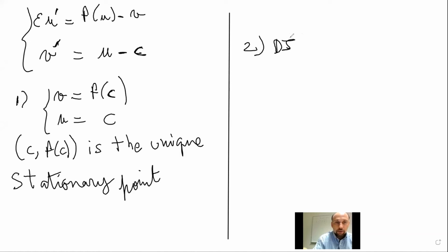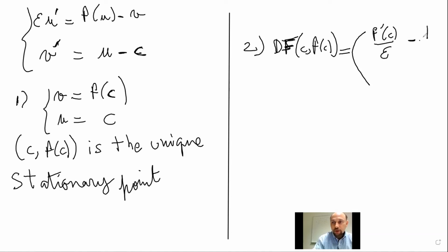So let's add C of f of C. Writes f prime of C divided by epsilon, minus 1 divided by epsilon, 1, 0.